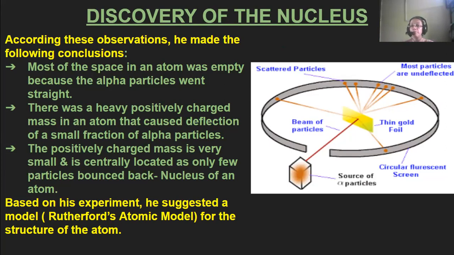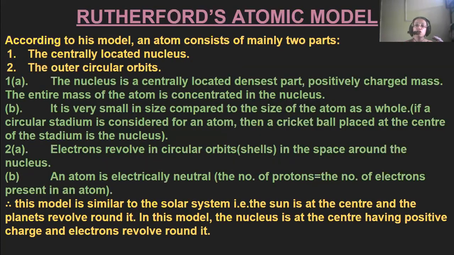Now, based on his experiment, he suggested Rutherford's atomic model. Let me start the discussion of this model. According to his model, an atom consisted of mainly two parts: the centrally located nucleus and the outer circular orbits.